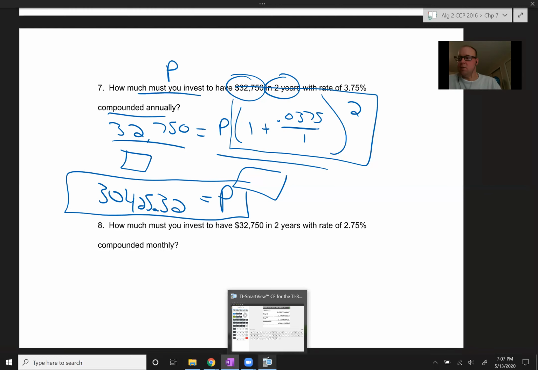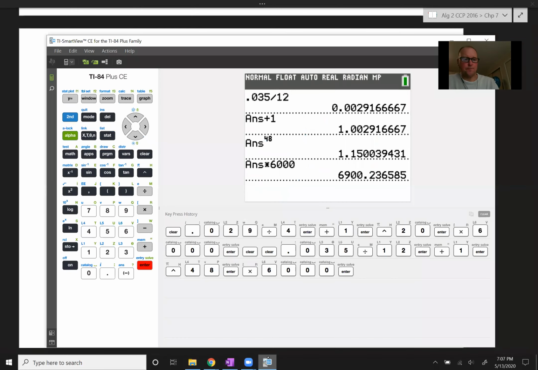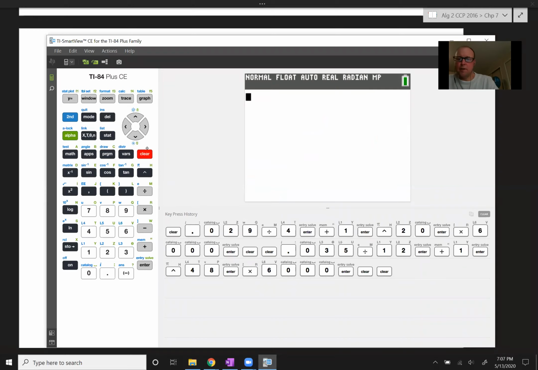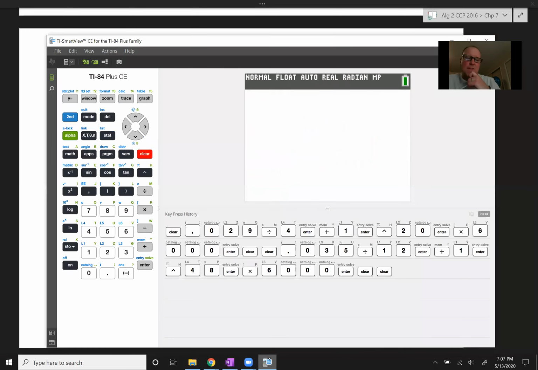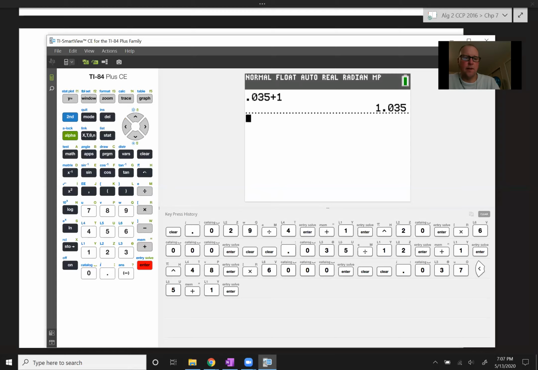Okay. All right, so here's what needs to happen on the calculator. Let's clear this mess out of the way here, and we'll clear this one too. Yeah, clear the history. We can figure it out. All right, so we had 0.035. Okay, we were going to divide it by 1, but we didn't. We said plus 1. All right, that way if I had to do that idea, I could do that. Okay, I want that to the second power.